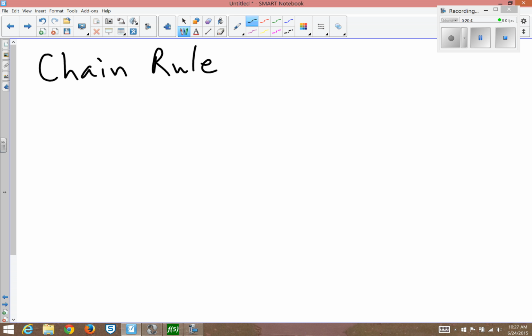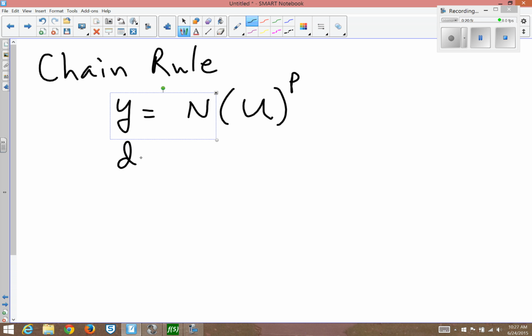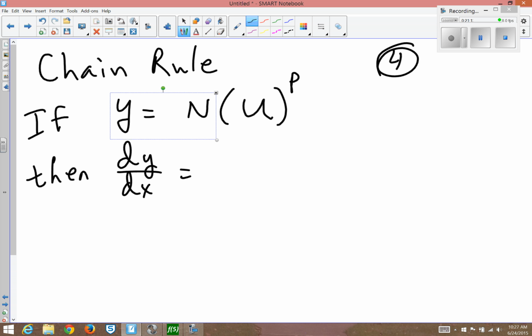And it says this: if y is equal to some number times some function with x in it, raised to some power, some exponent, then the derivative of y with respect to x is found doing four things. You have to do four things to get the answer.